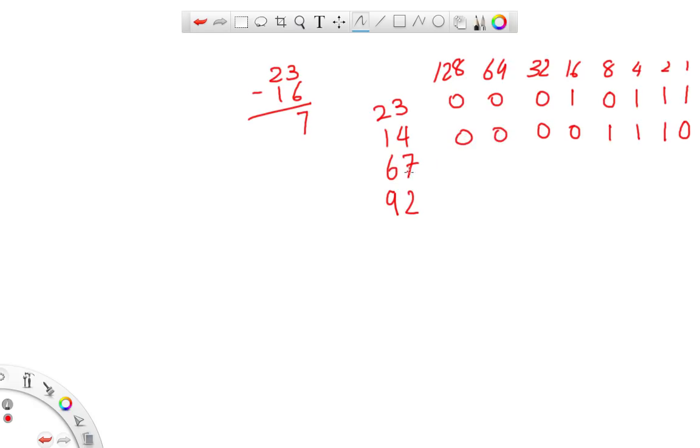And then you have 67. So in 67, you could have 1, 64, and then you're having a 1 there for the remaining 3. Then we have 92. You cannot have 128. You can have a 64.